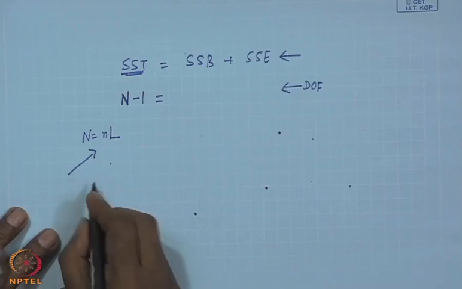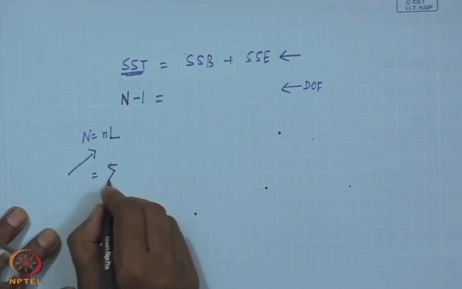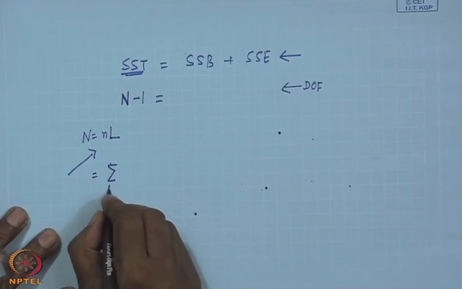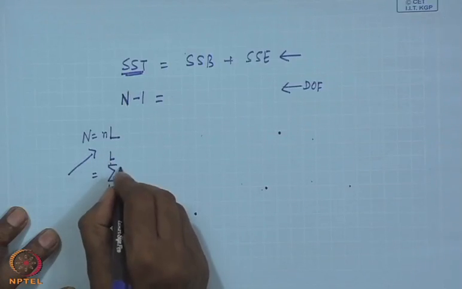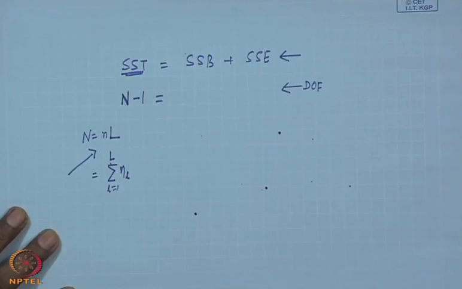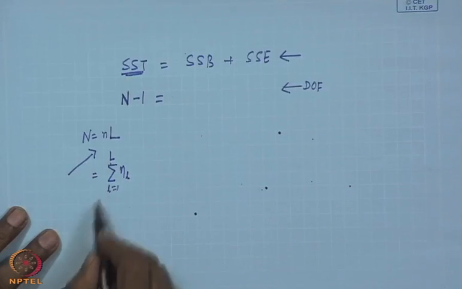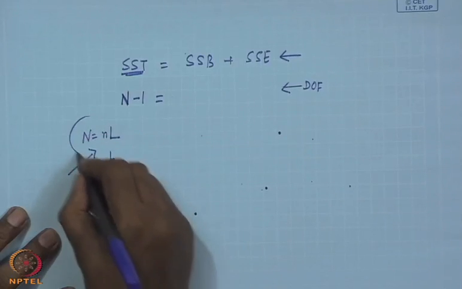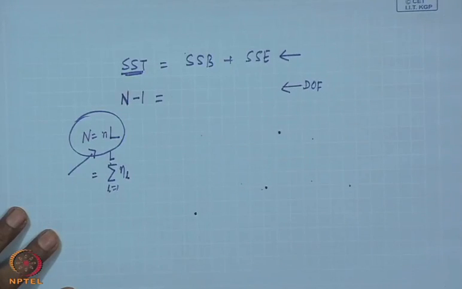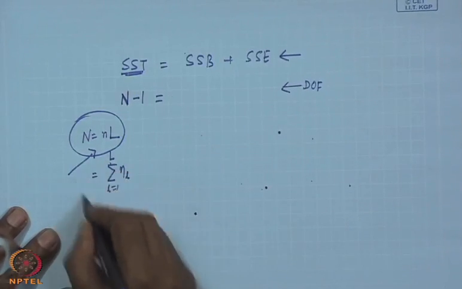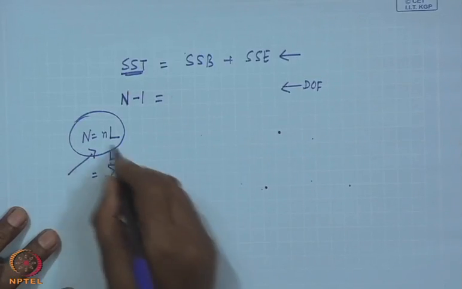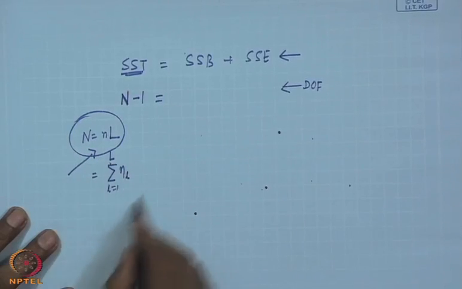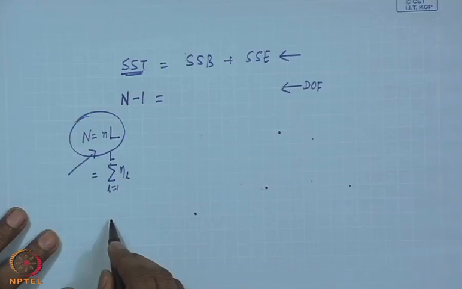If the sample size is unequal, then capital N is the sum of nL for L equal to 1 to L. So, this is the equation for the equal sample size case, and this is the equation for computing capital N for the unequal sample size case.